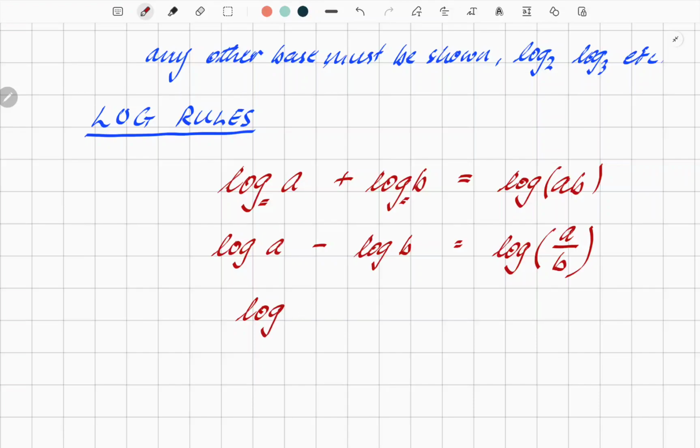If you have log A and the A is to a certain power, all right? So imagine that that's B there. Okay, so log of A to the power B, all right? You can bring the power to the front and it becomes B log A and vice versa. Let me show you an example of that.